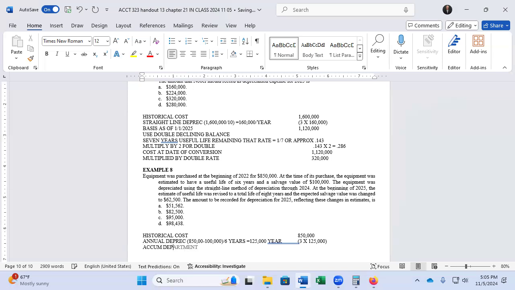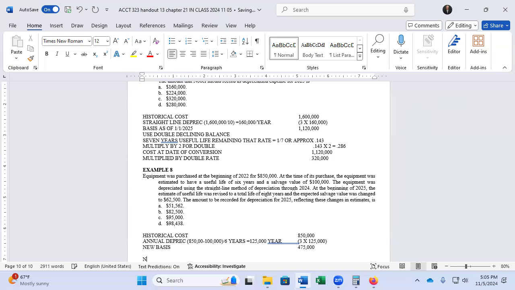And so accumulated depreciation... or no, I'm sorry, that was accumulated depreciation, the 375,000. And so our new basis is 475,000.